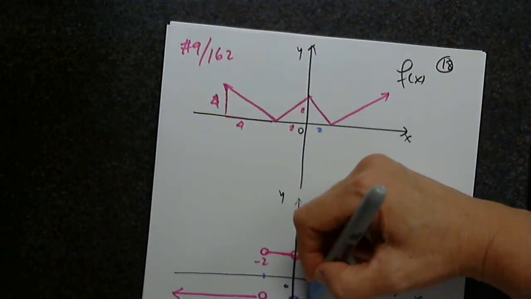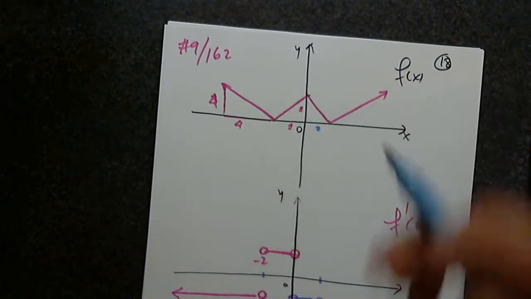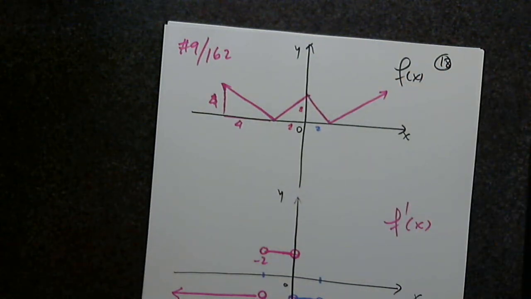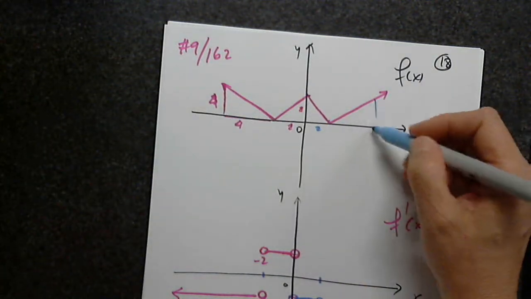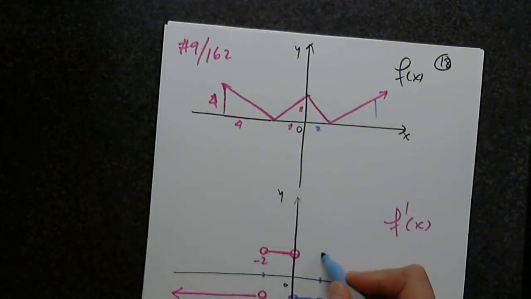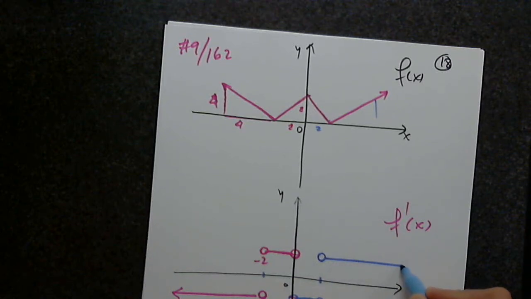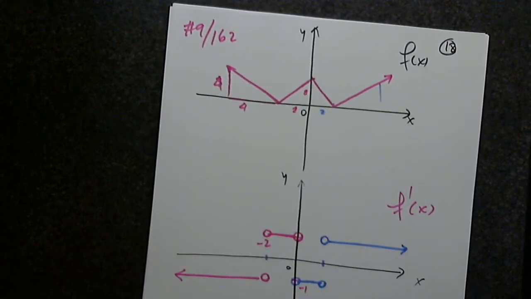The function cannot be differentiable at 0 and at this point because it has a corner. Now, this, since it's symmetric, I'm going to say 4 and 4 again. So here it is. This is the graph of the derivative function for the function you pick, number 9.